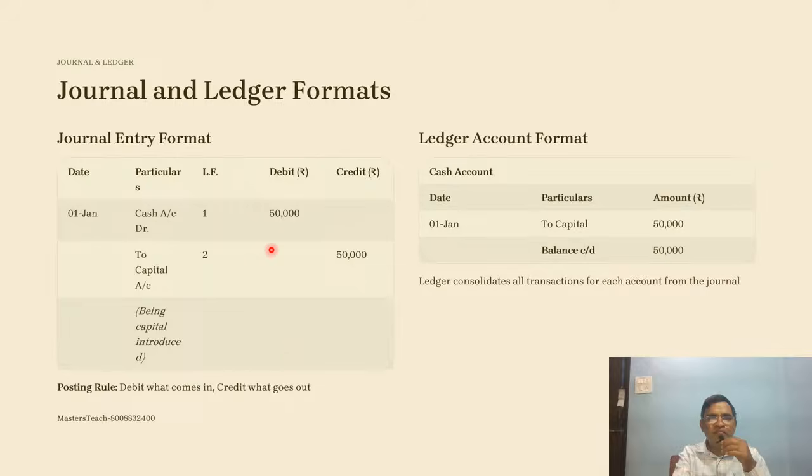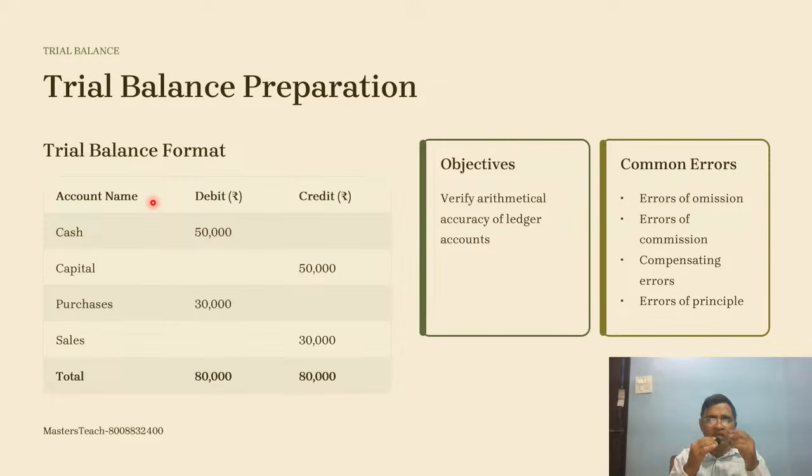Here what is coming in is the cash, and what is going out is the capital. So the same thing we mention here, to capital account, 50,000. Okay, this is the cash account, this is the journal entry format. You are already aware of the golden rules of accounting.